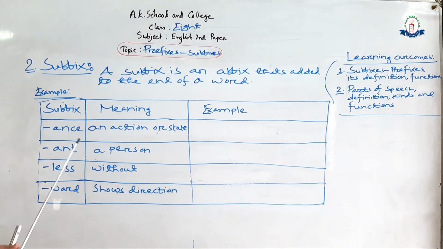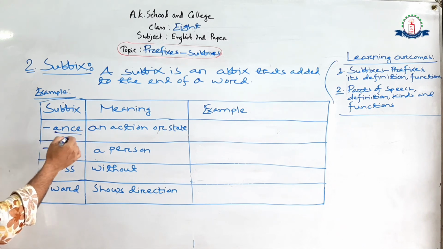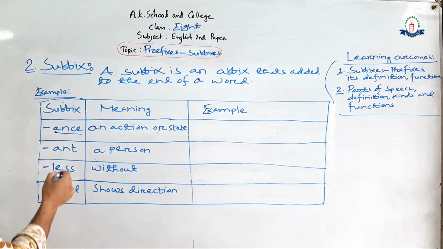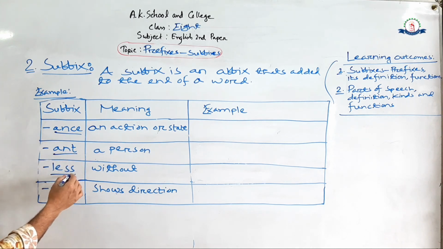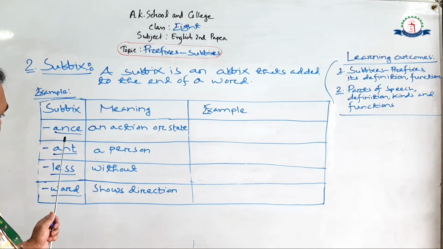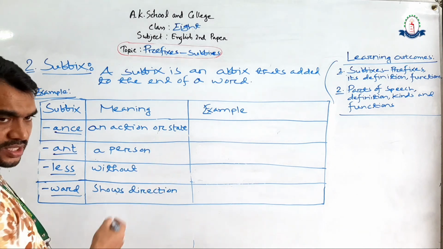Here I have used ance, and these letters will sit at the end of the example. Here is ance, and this is the meaning: action or state. So what will be the example?